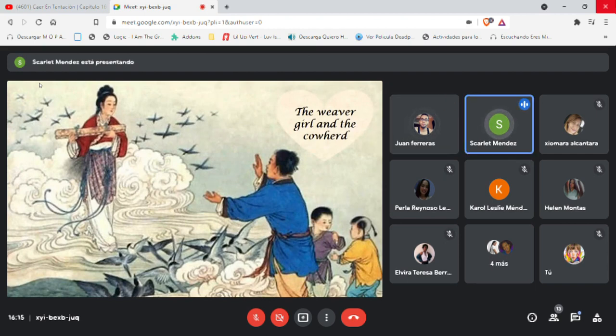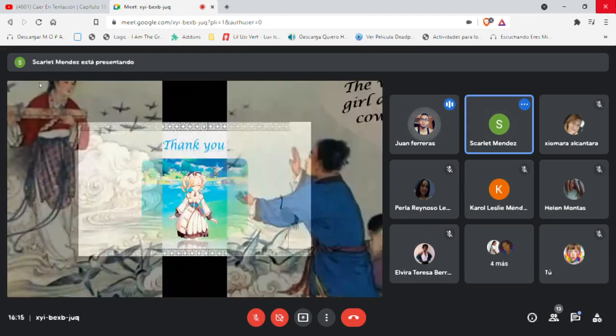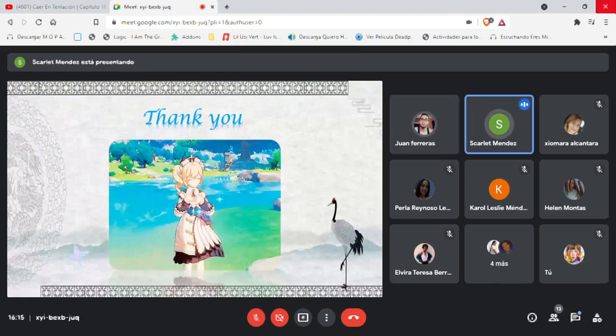But when the goddess found out about them, she banished them both to different sides of the Milky Way. However, once a year, magpies will form a bridge between the two lovers. The day is celebrated as Chinese Valentine's Day. Okay. And this is all.